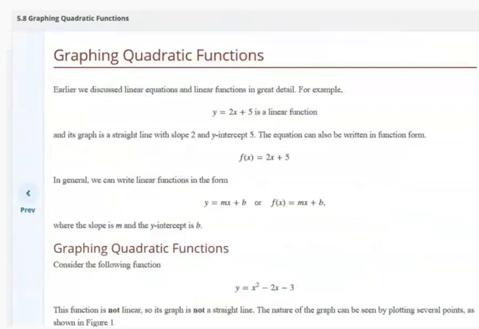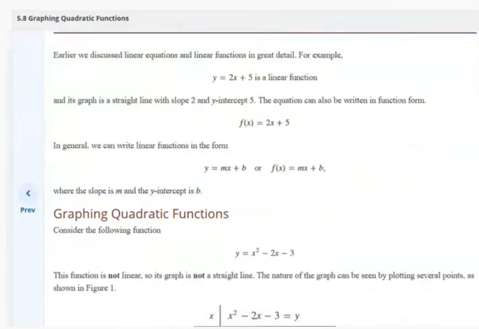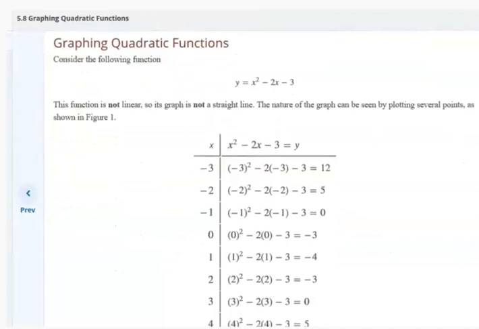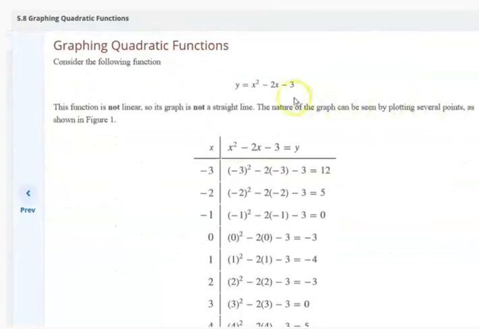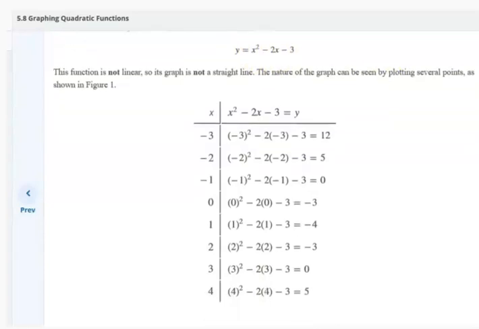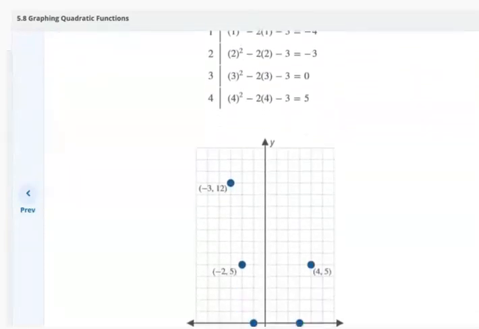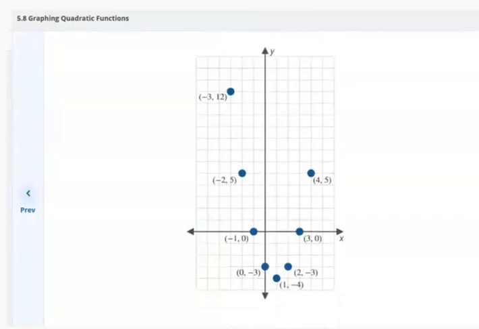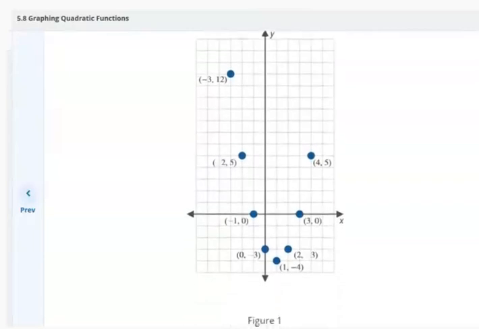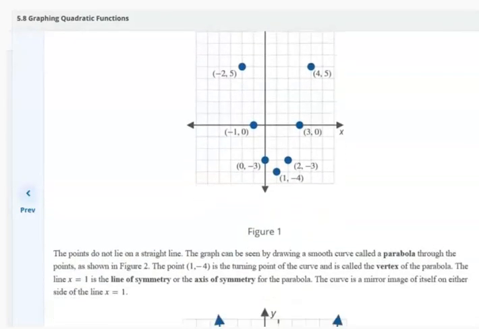Now, as we go into the Learn slides, we see they review the linear equation in slope-intercept form, and those would be straight lines. And then they go into graphing quadratic equations, and they're making a t-chart and getting some various points. They're plotting the points, which you'll be doing.